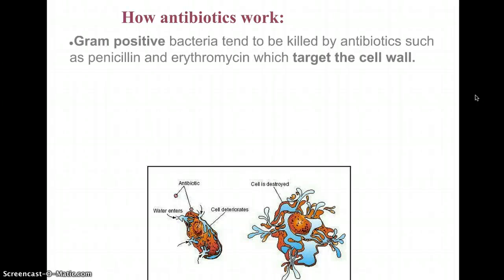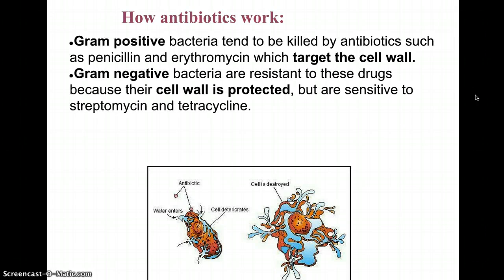So again, antibiotics work in different ways depending on the type of bacteria. And this goes back to the gram-positive and gram-negative bacteria that I went over in the last presentation, and also that you worked on in class on Friday. Gram-positive bacteria will tend to be killed by antibiotics like penicillin and erythromycin that target the cell wall.